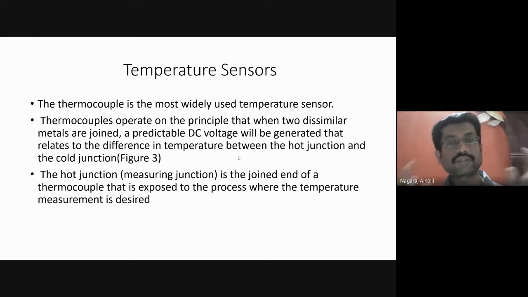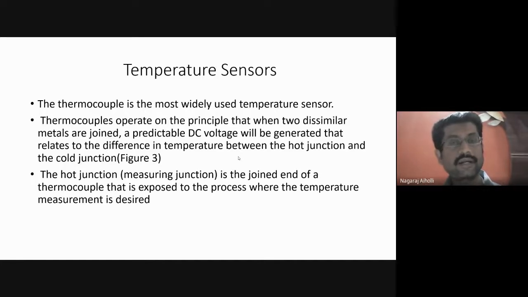Because of this temperature difference between the hot junction and the cold junction, or between the measuring junction and the reference junction, voltage is produced in the circuit. In this circuit of two metallic wires, voltage is produced, and this voltage makes current flow in the circuit. This current is measured, and the measured current is proportional to the temperature applied to the hot junction.